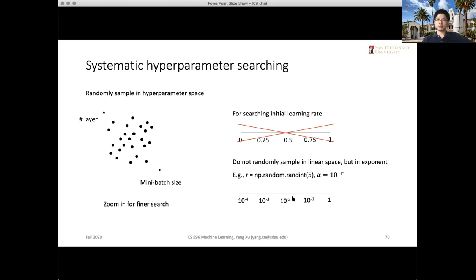In order to do a systematic search for learning rates, we can use an exponential space, using alpha by randomly selecting the exponential term with a random integer, so that we randomly search within this exponential space.